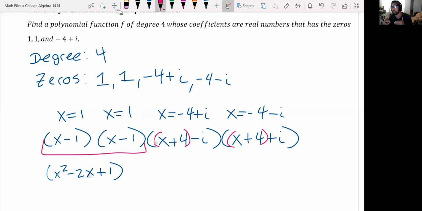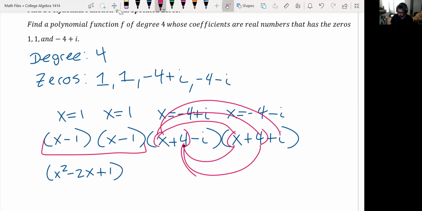This is just going to make the distributing process easier, because if we didn't put x plus 4 as its own term and decided to distribute everything, which you may like, you can be like, all right, x times this, x times this, x times this. And then 4 times that, 4 times that, 4 times that. And then i times that, i times that, i times that. So you're going to have to distribute everything out.